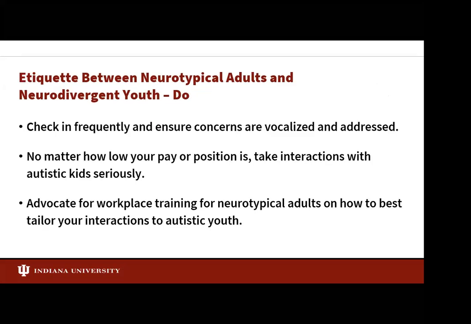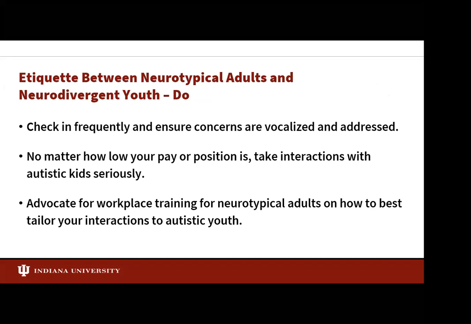Now, the more positive side. Do check in frequently, ensuring that neurodivergent youth's concerns are vocalized to adults, addressed with adults, and that the student-teacher relationship is very strong. I think that's a big thing I always see that can be improved for anyone.